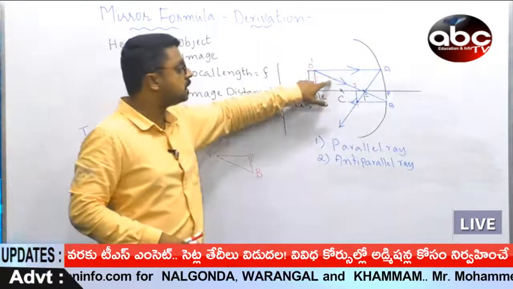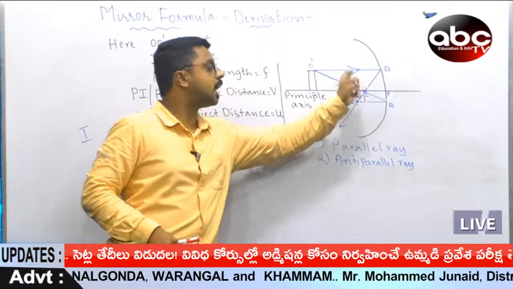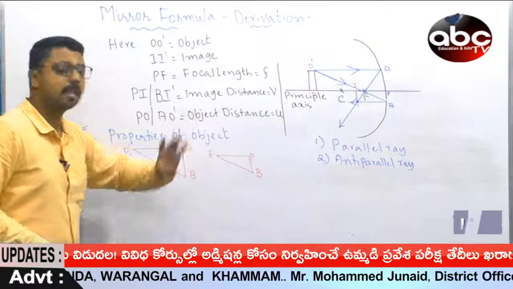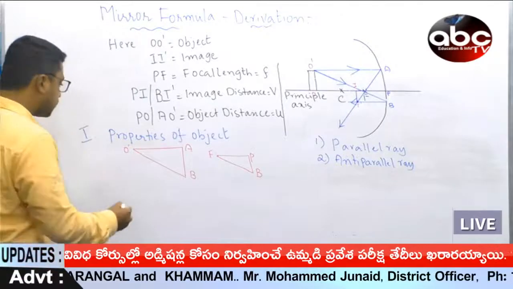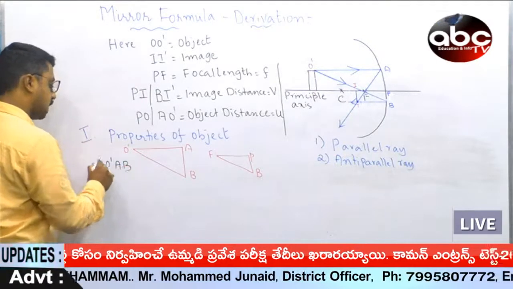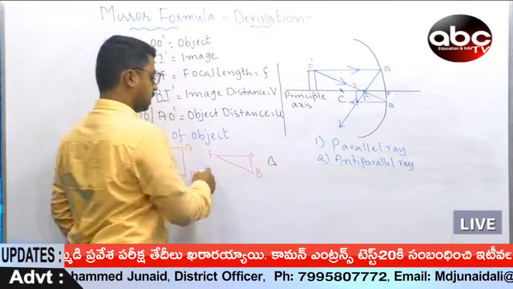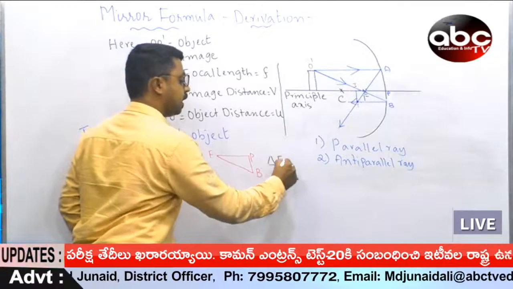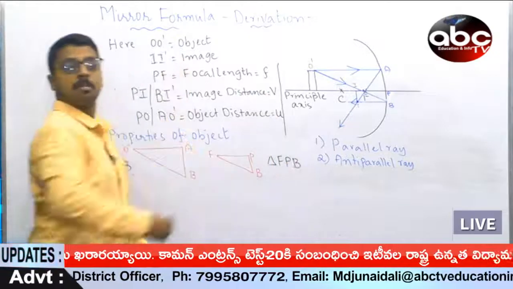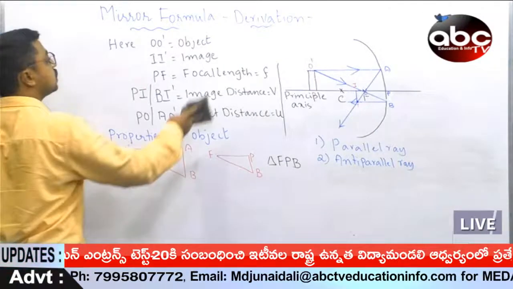Both are incident light rays. Therefore, we have taken these two right angle triangles related to them. What are they? O dash AB is the first triangle, a right angle triangle, whereas the second triangle is nothing but FPB.